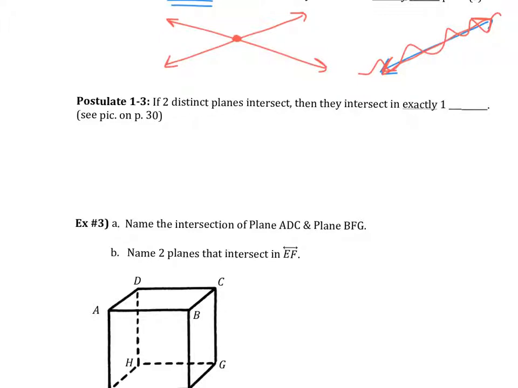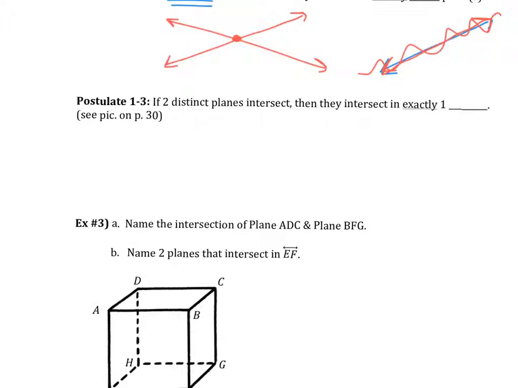Postulate 1-3. Now this one says if 2 distinct planes intersect, then they intersect in exactly 1 blank. And if you want to look a little later or as you're doing your homework at page 30, there's a good picture that helps you to see this. But what do you think their intersection is? 1 line.